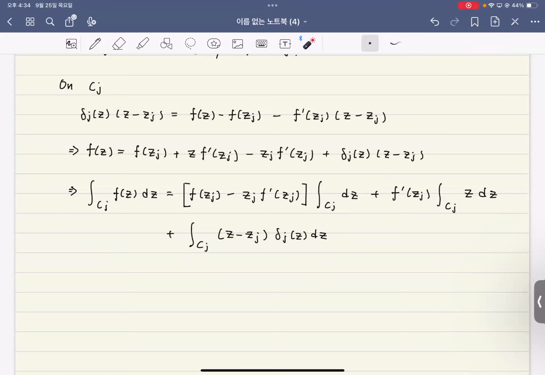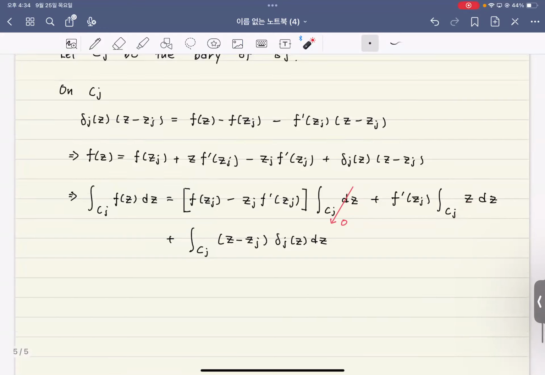So this equals 0. And what about this one? This also has an antiderivative, which is 1 over 2 times z squared. So its integral over the closed curve should be 0 too. So only this term survives from the right-hand side.